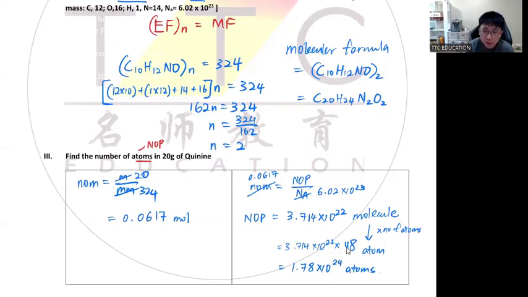Okay. So guys, just a recap. If you are looking for molecule, no need to multiply anything. But if you are looking for atom, which is a molecule got how many atom, you have to multiply the number of atom. So this one is extra step. If your chemical is molecule, you want to find atom, you do this. But if the chemical is a molecule and you're looking for molecule, then no need to multiply anything.